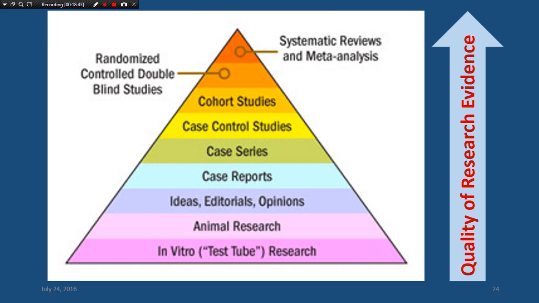This is the quality of research evidence. There is a pyramid showing the quality of research evidence. You can see fundamental research or test tube research will be having the lowermost quality, followed by animal research, then ideas, editorials and opinions of researchers come next.